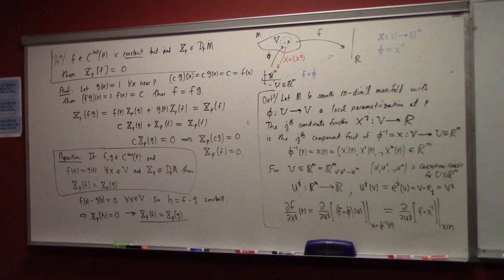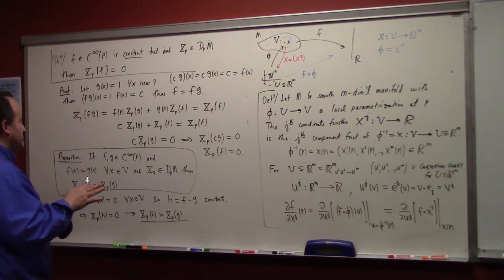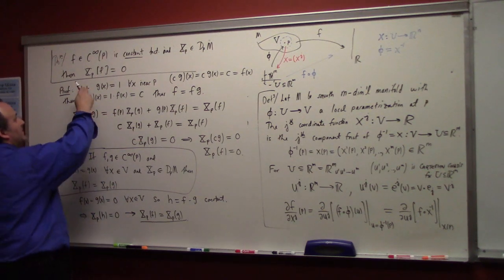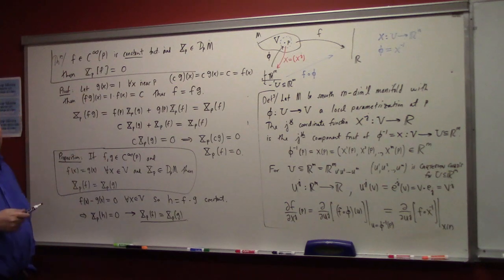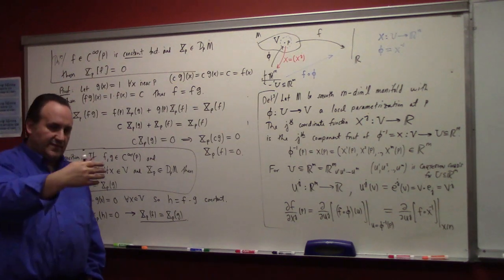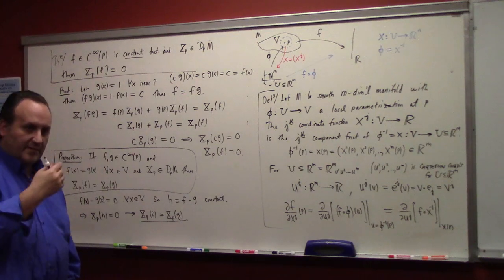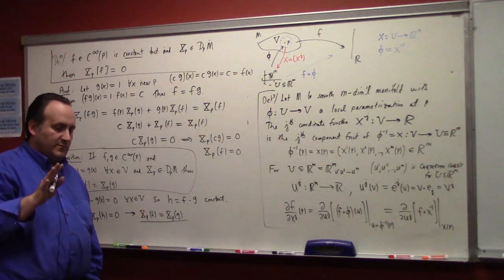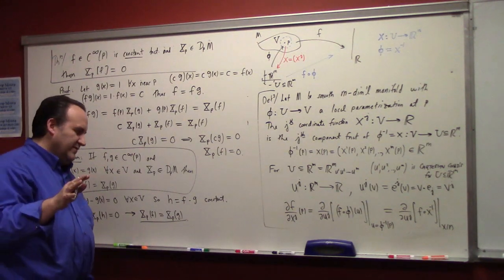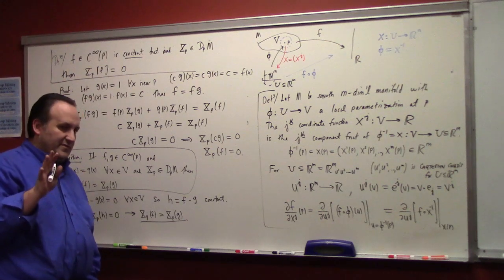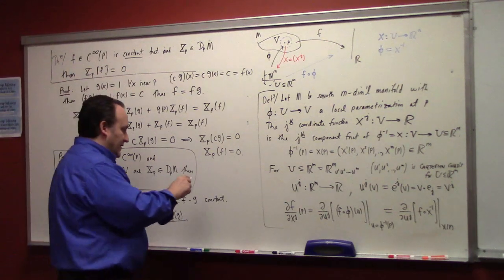So what we'll prove next time, and this is going to take us significantly longer, so I won't keep you today for this, but next up, we are going to prove that an arbitrary derivation on a smooth manifold necessarily can be written as a linear combination of the partial derivatives on the manifold. So while not every derivation is literally a partial derivative, at least every derivation can be written in the following way.